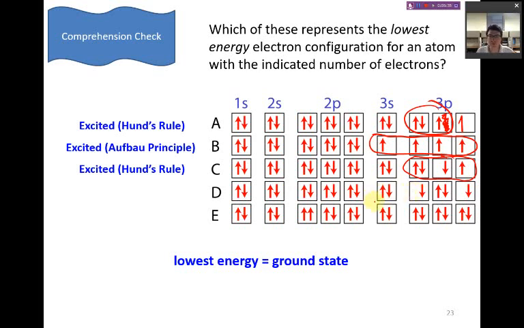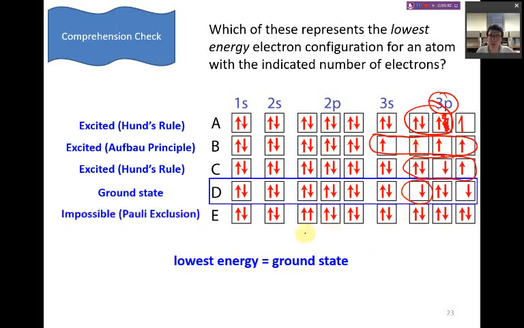For D, this one is the ground state. Remember, just because this is on the left does not mean we have to fill it first. They're all within the same subshell, therefore they are degenerate. And then finally, this one is impossible. Hopefully you see here that we have 2 spins that are in the same direction in the same orbital. That's a violation of the Pauli exclusion principle and is therefore impossible.